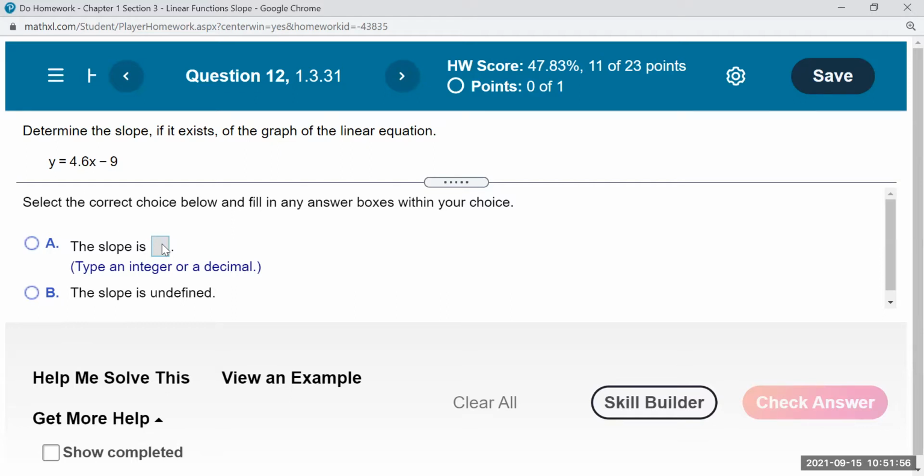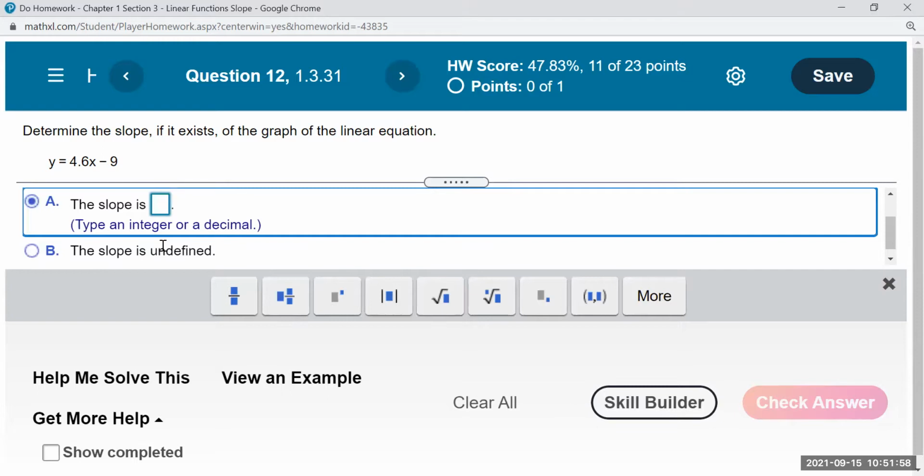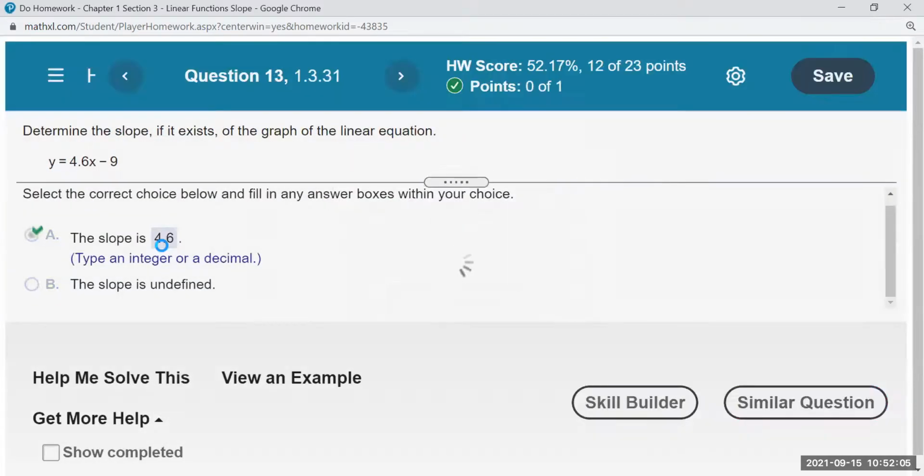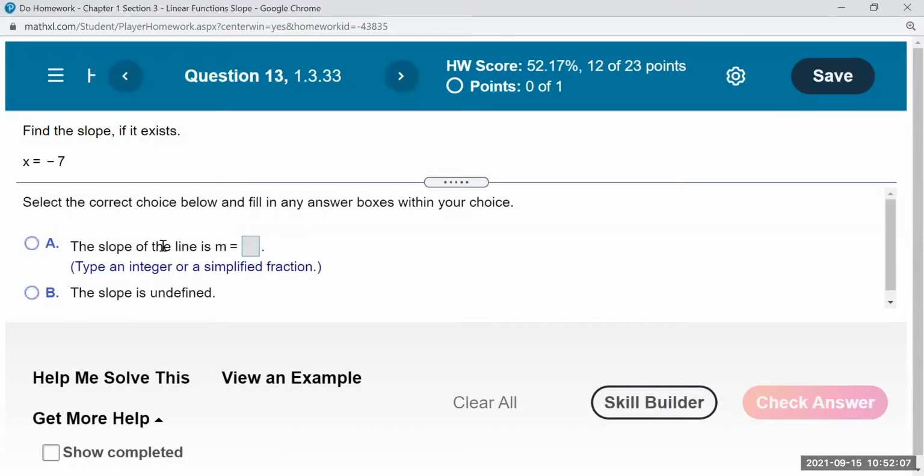So this one is 4.6. Ooh. x equals -7. What does that graph look like?